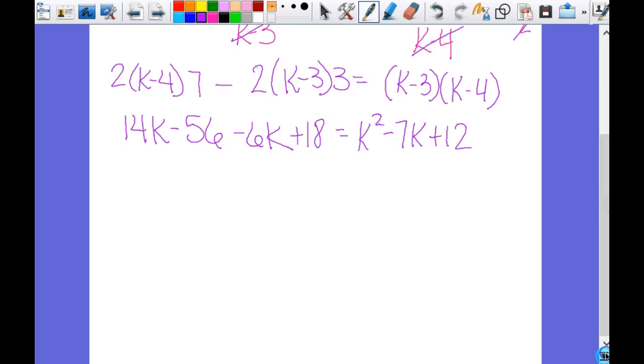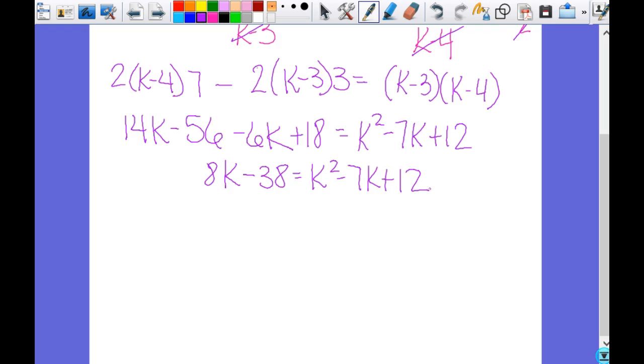So I'm going to go ahead and combine my like terms. This is going to give me 8K, and then what is 56 minus 18? Negative 56 and a positive 18 is going to give me what? 38. So negative 38 equals K squared minus 7K plus 12. All right, what kind of equation do I have?